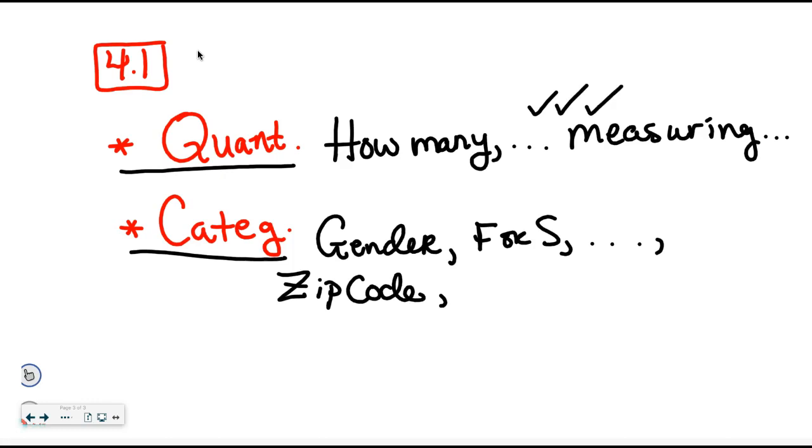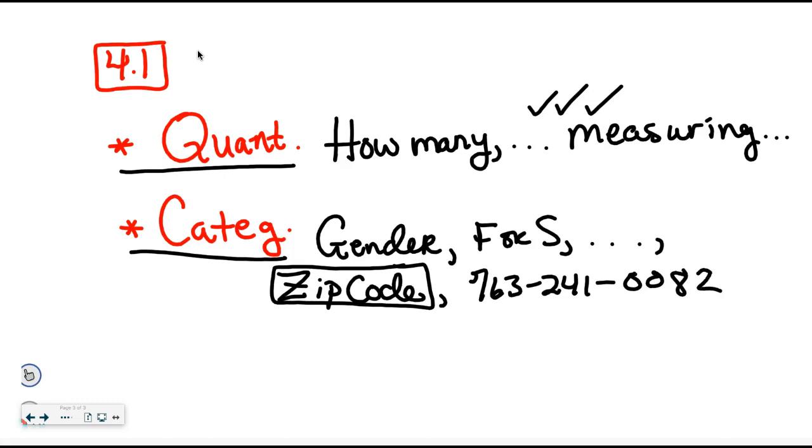So when you're trying to decide if a number goes in quantitative, it almost always does, unless your number is not measuring something, like a zip code or the number on your license plate, right? Or your phone number, although that's a number, 76324100082. It's not a number that's measuring anything. It's not a number that we would find an average amount of.